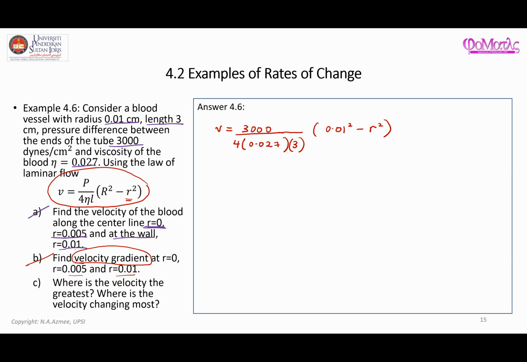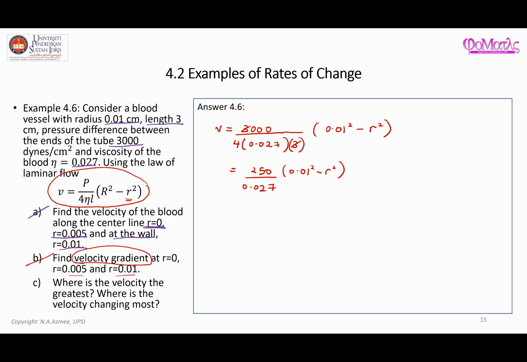So I'm just putting all the information into the equation, and this one I can actually cancel out, so that will be 1250 over 0.027 times 0.01 squared minus r squared.